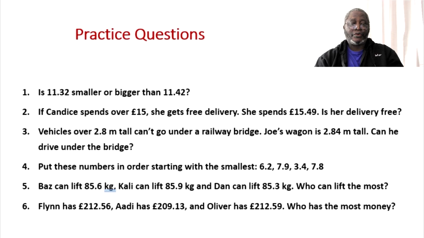Adi has £209.13. And Oliver has £212.59. Who has the most money? Read the question carefully, rearrange the numbers, apply the same principle we learned when we were comparing whole numbers, and you should be able to get your answers right.